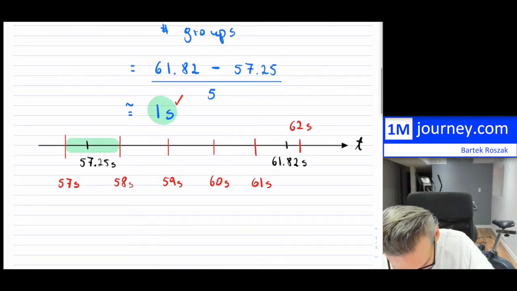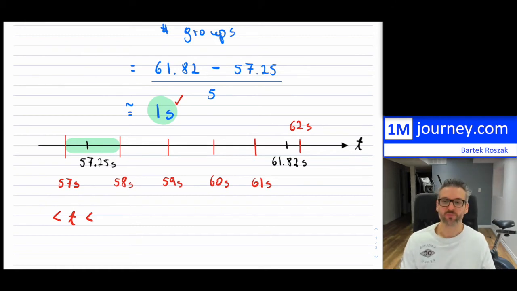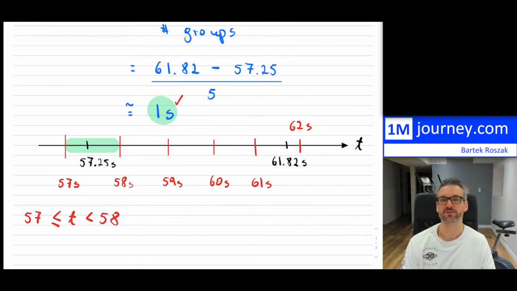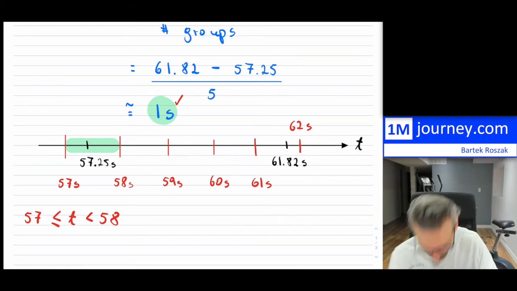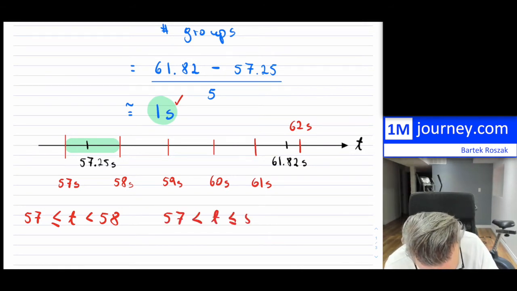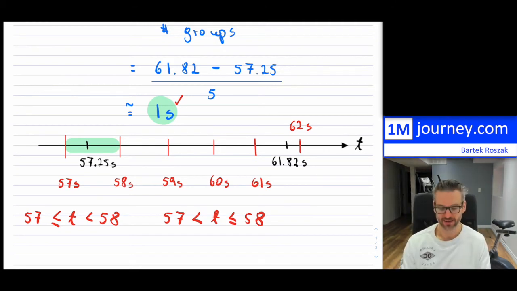Now what we typically will do is say between this range, and you can do it like this: between 57 and 58, so notice I'm not including 58 there. Or you can write it as 57 up to and including 58, but that's still a range of about 1 second.